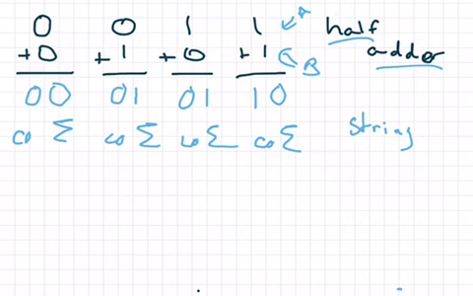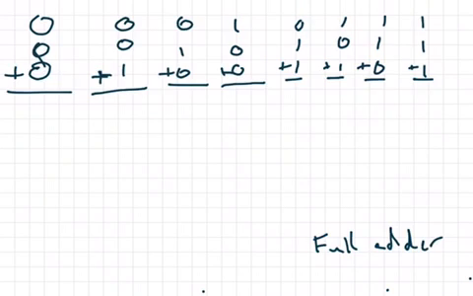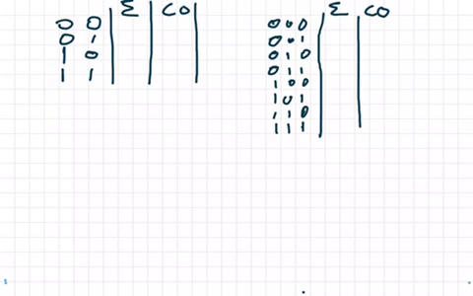Now, if you take this and rotate it 90 degrees and read down this way, you'll notice that this looks a whole lot like a truth table. So up here I have the truth table for a half adder, and if we convert our information into it, we have here our inputs: our A string, and our B string.